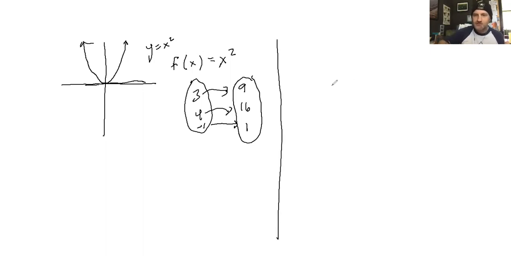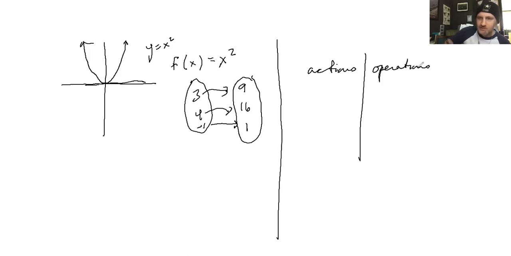So there's 2 tables that I think are important with transformations. The first table is the actions, and we have those linked to operations. So plus or minus is a shift.